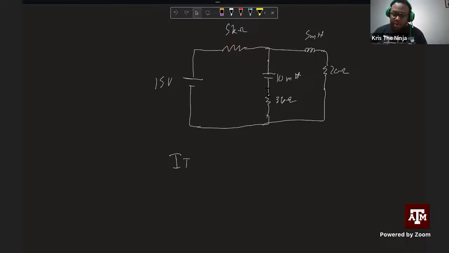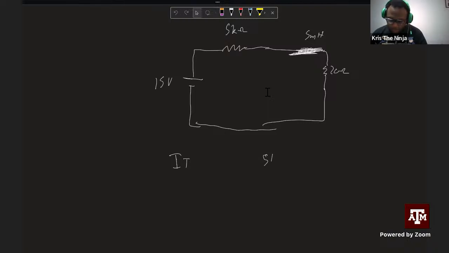From what I just taught y'all, if this is an open, this whole branch does not exist. So this gets erased. And now this being a short, that just turns to a short circuit. So now you just have 5 kilo ohms plus 20 ohms.